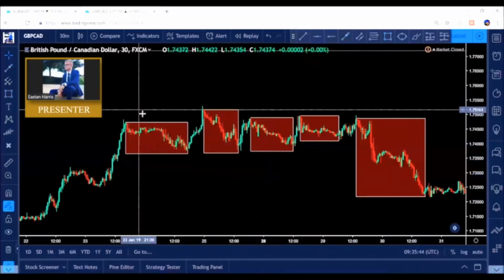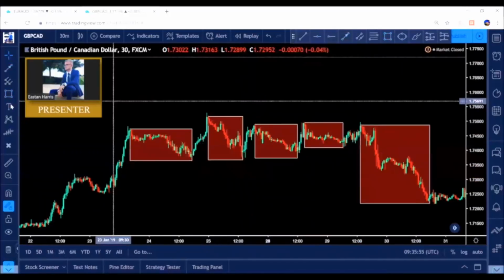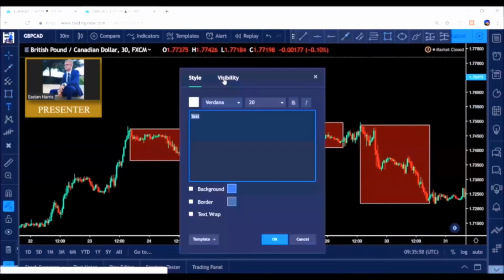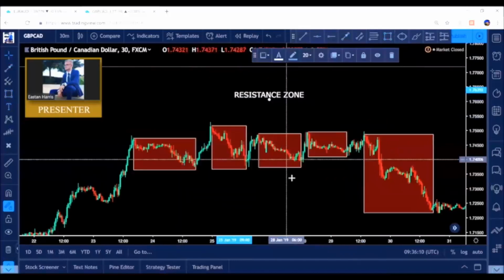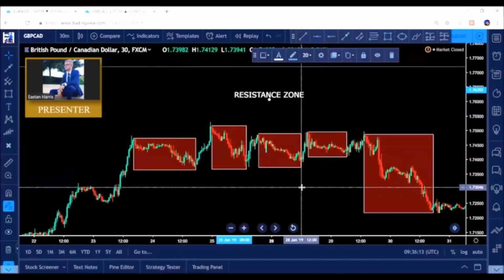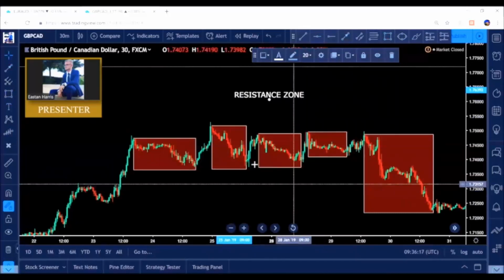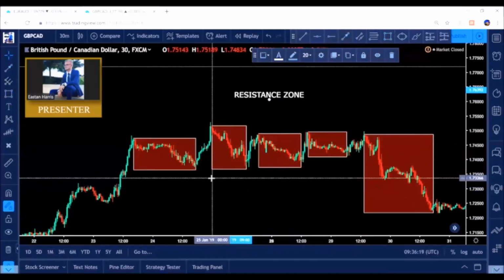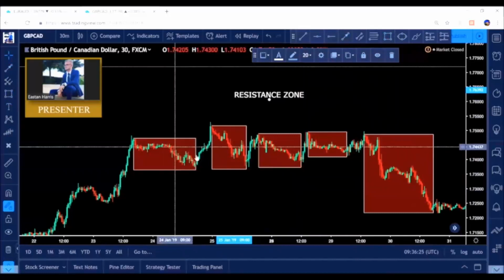Now, over here to the left, we have to find our resistance zone. Where is our zone exactly? We have to start with what the market is giving us, and we have to look at where exactly these moves are originating from, these bearish moves.